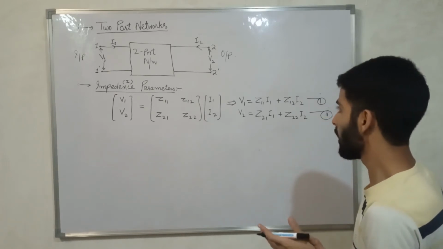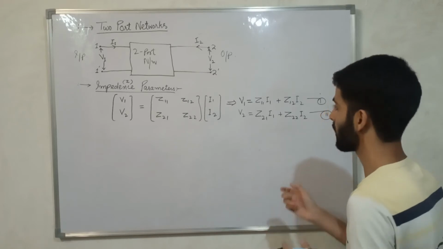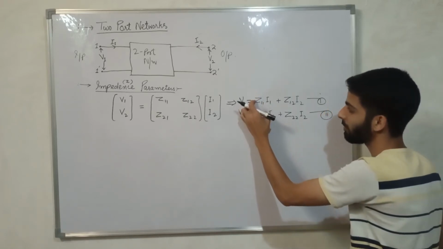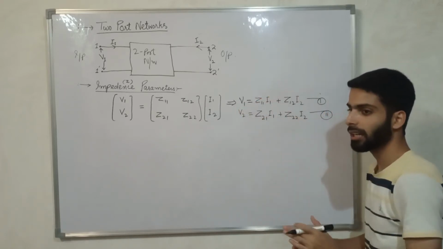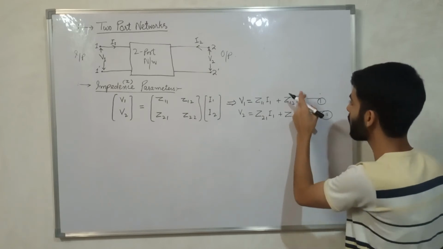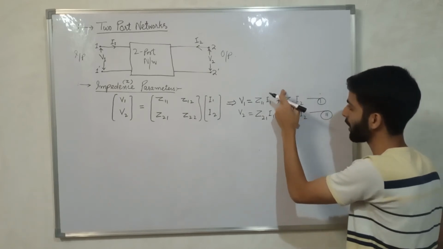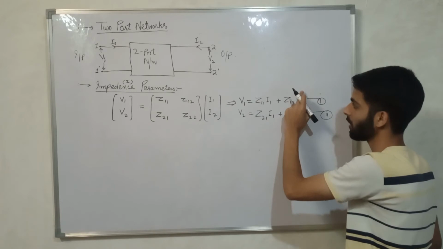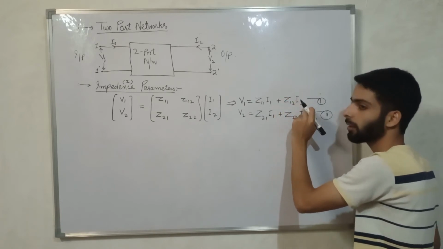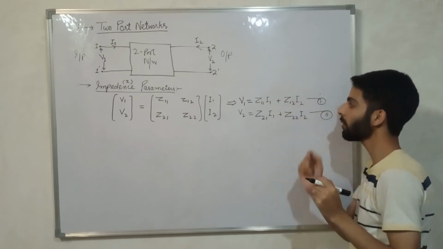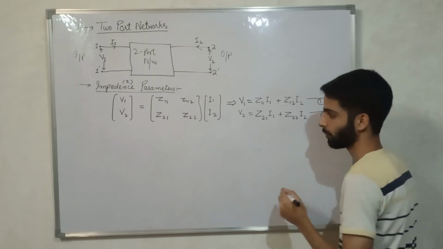Okay. Now let us see, if we have to find the value of Z11, what we shall do, we shall somehow make this term in the equation equal to 0. How will this become equal to 0? If I2 equal to 0.